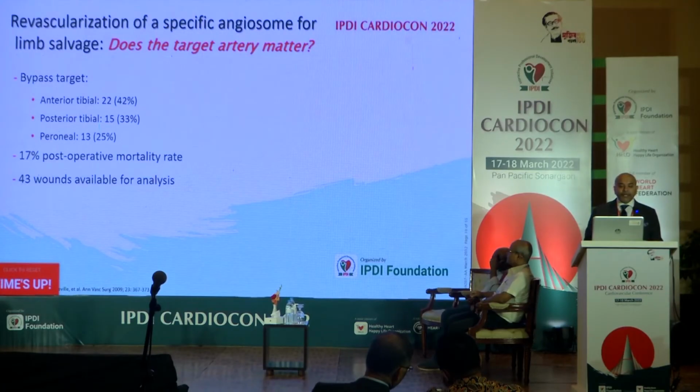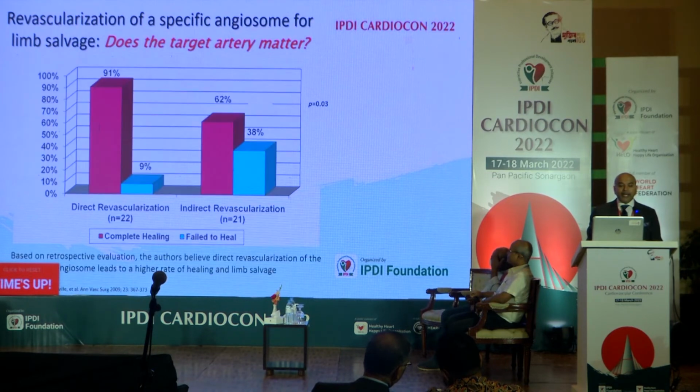And there were no statistically significant differences between the groups in comorbidities. The endpoints were complete healing, amputation, and death. In this population, the bypass target was the anterior tibial artery 42% of the time, posterior tibial 33%, and peroneal 25%. The postoperative mortality rate was 17%.